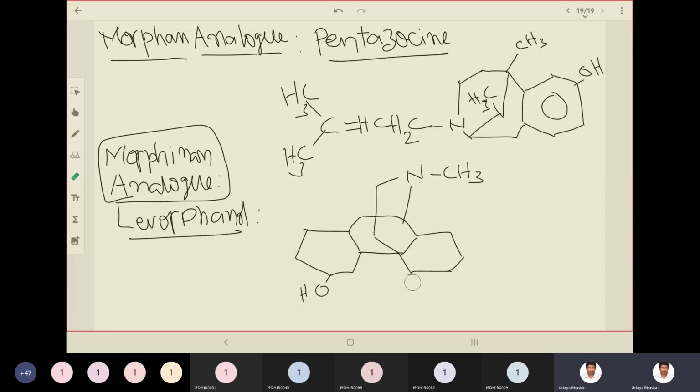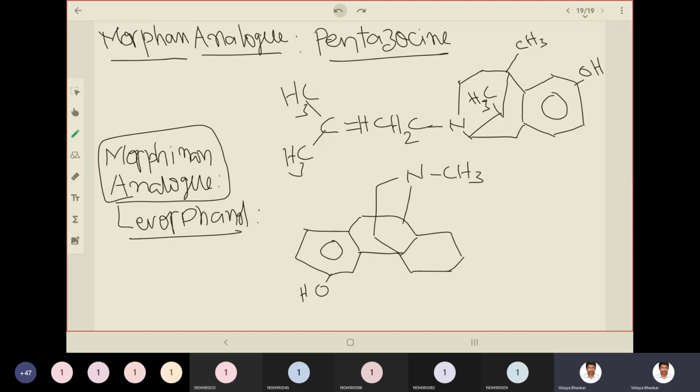So levorphanol is one of the examples for morphinan analogs. This is the structure of levorphanol. Okay, so you have this is a phenyl ring, this is alcohol, this is a phenol. So this is the structure of levorphanol.